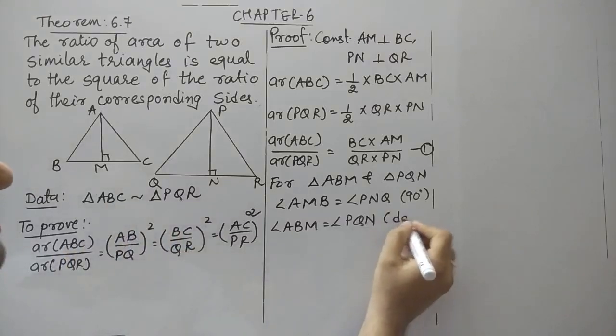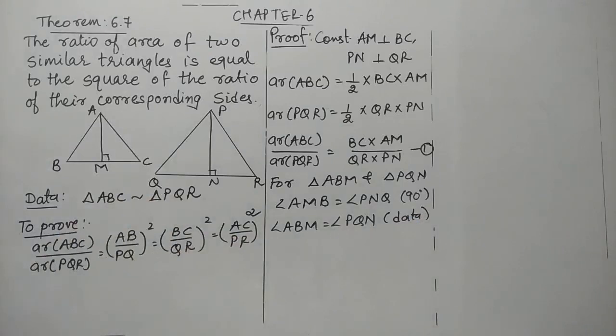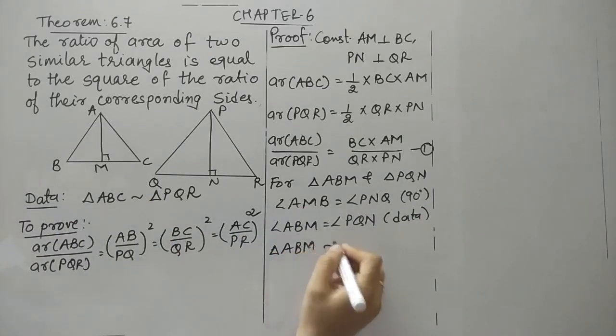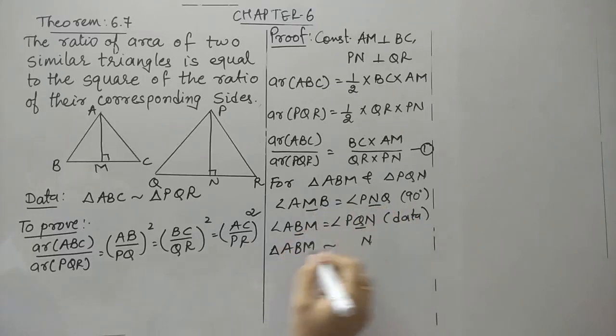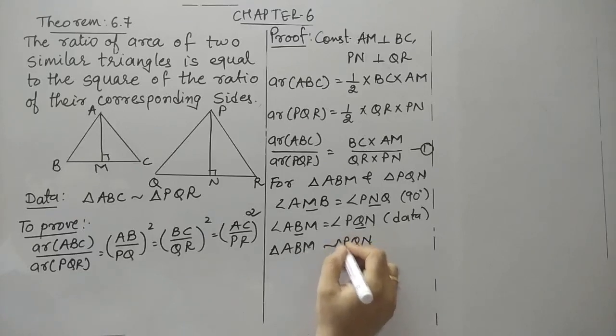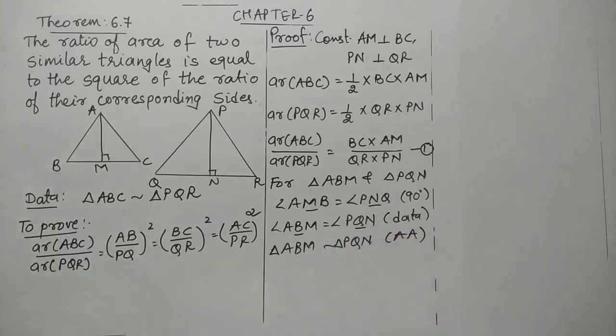So we can say from the data, or from similarity of triangles. Now the angle criteria exists here. So we can say that triangle ABM is similar to triangle PQN. M corresponds to N, since M is last, N must be last. B corresponds to Q, B second, Q second. So obviously A corresponds to P. This we obtain by using the angle criteria.